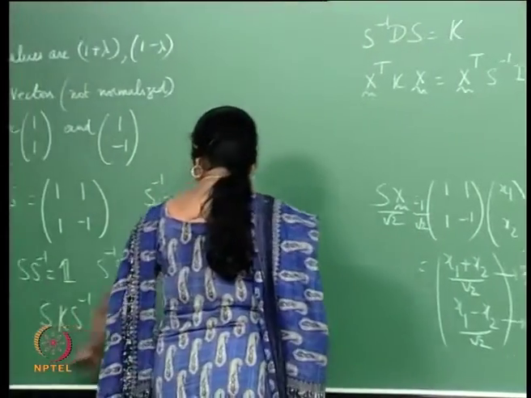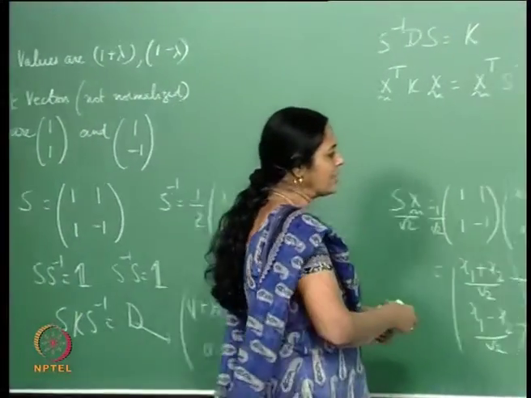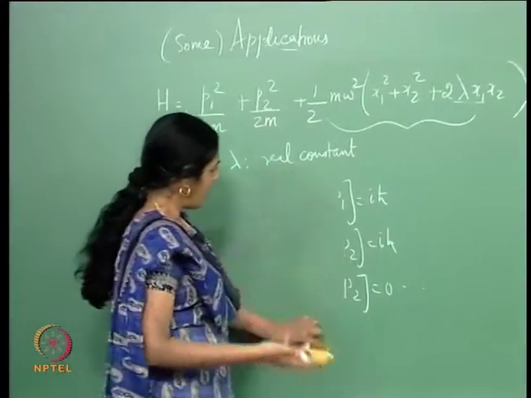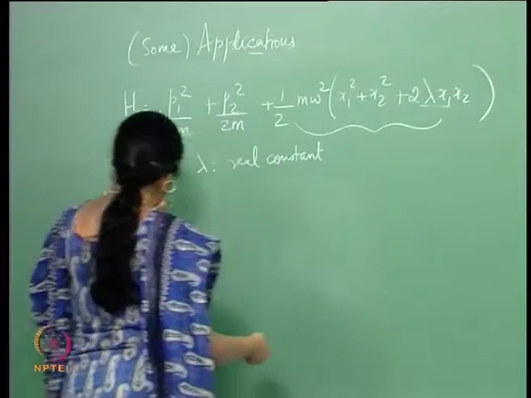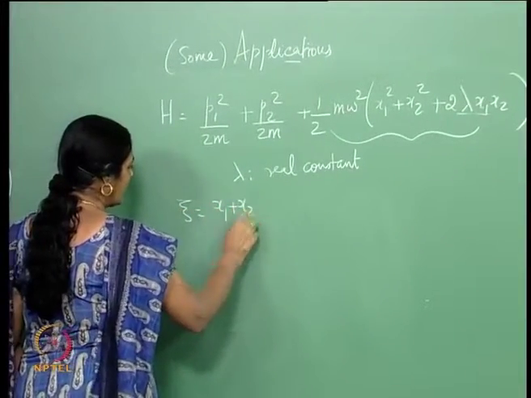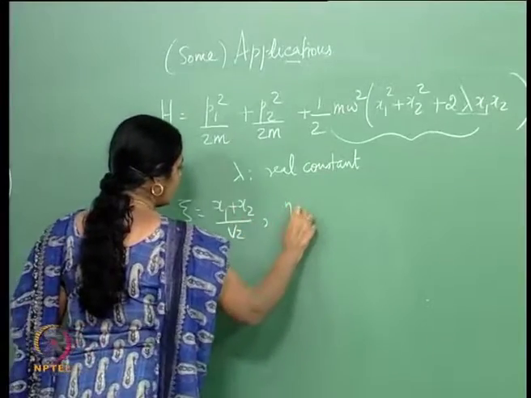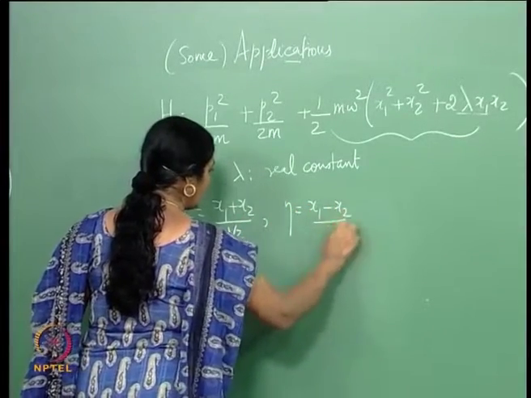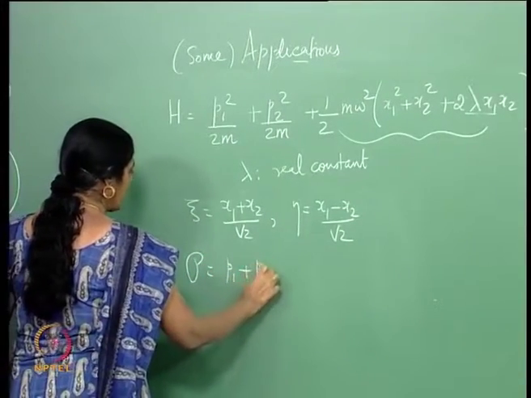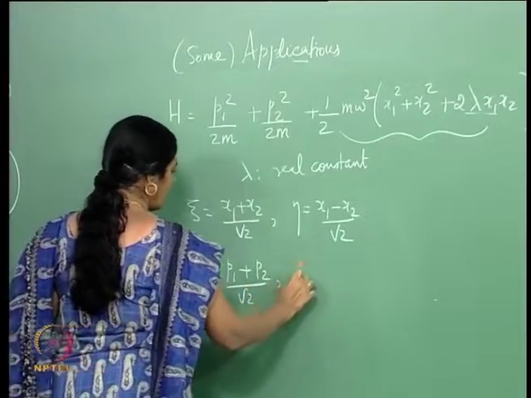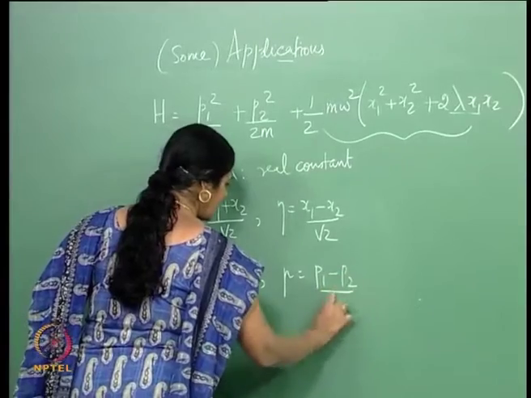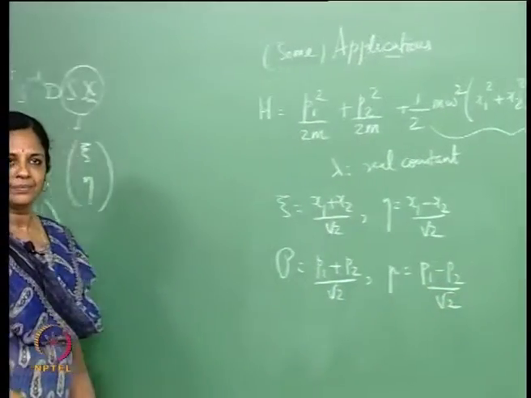Now, correspondingly, it is clear that I can define the momenta capital P and little p as linear combinations of the old momenta. So, zeta is (x1 plus x2) by root 2 and eta is (x1 minus x2) by root 2. Capital P is (p1 plus p2) by root 2 and little p is (p1 minus p2) by root 2.